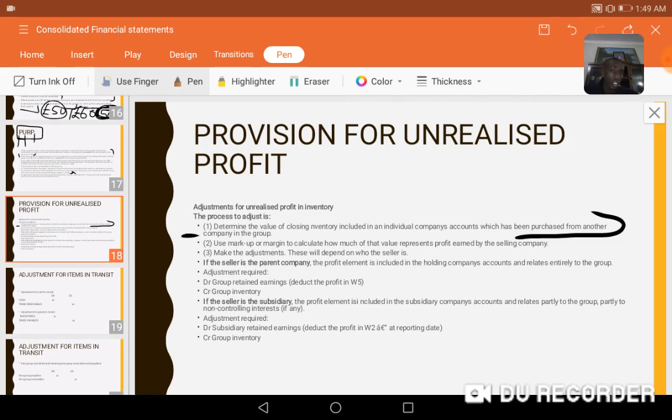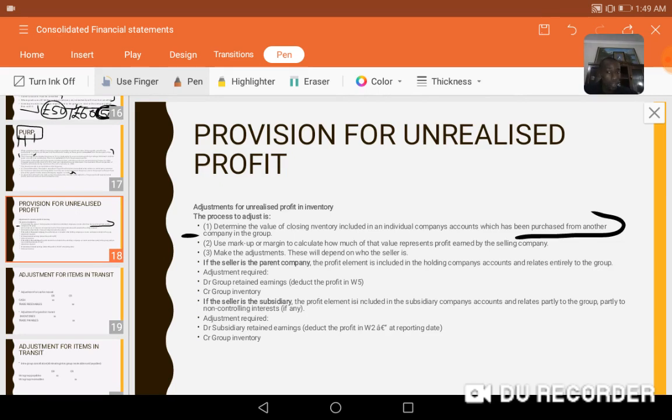less payment of goodwill. So the double entry is as follows. You debit group retained earnings, then you credit group inventory. Exactly. By crediting group inventory, you are removing that transaction which the parent sold to the subsidiary.